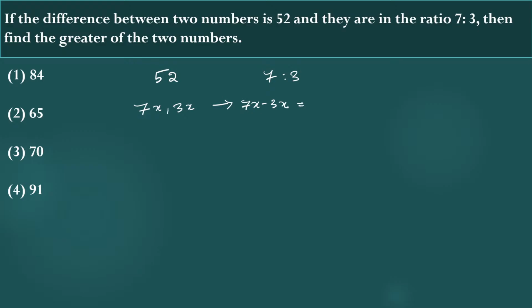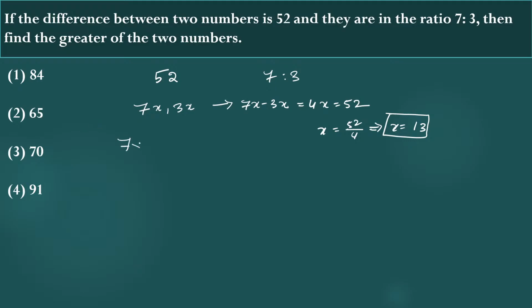The difference between the two numbers is 4x, which is equal to 52. So x is equal to 52 by 4, so x is equal to 13.